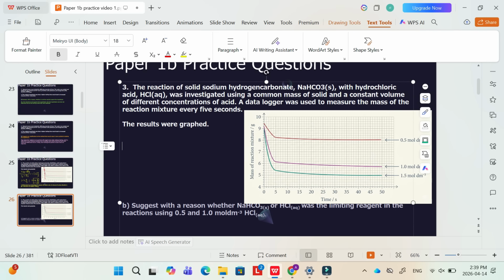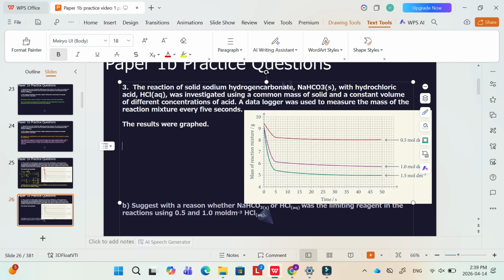So you just need to look at these graphs and say, were equal amounts of gas released in each of these three trials. So this shows the mass of a reaction mixture. So whatever is lost is that CO2 that's being lost. But we're changing the amount of HCl.